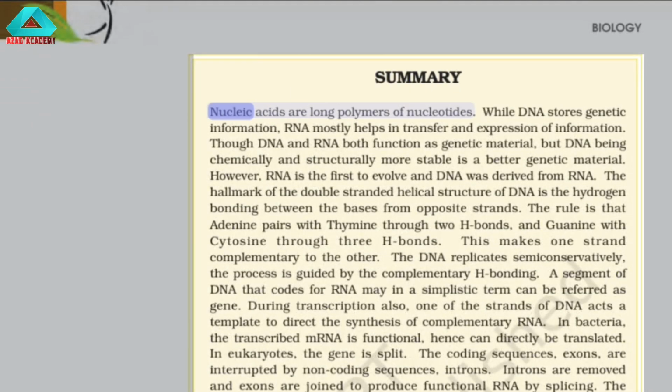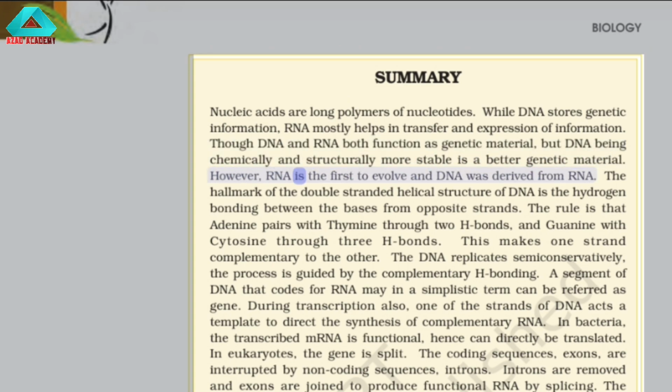Summary: nucleic acids are long polymers of nucleotides. While DNA stores genetic information, RNA mostly helps in transfer and expression of information. Though DNA and RNA both function as genetic material, DNA, being chemically and structurally more stable, is a better genetic material.